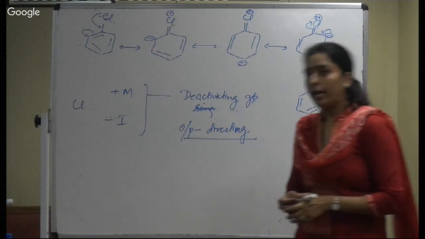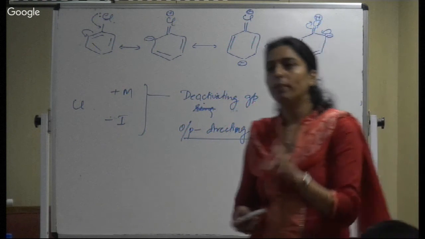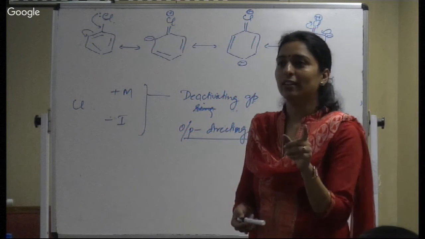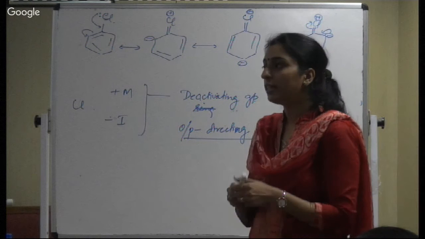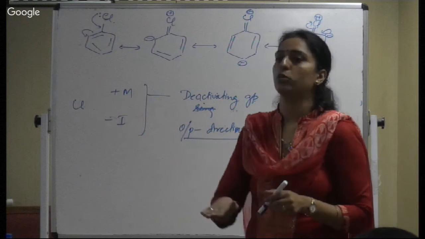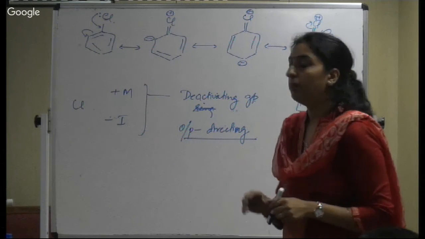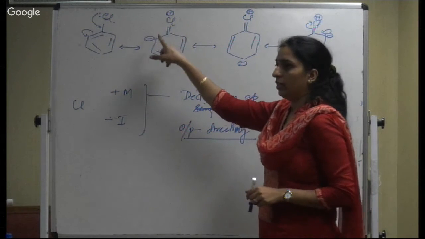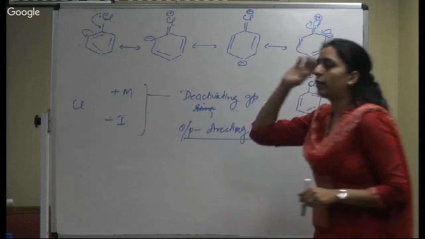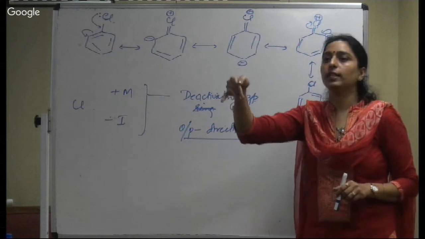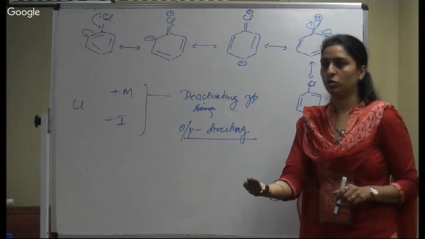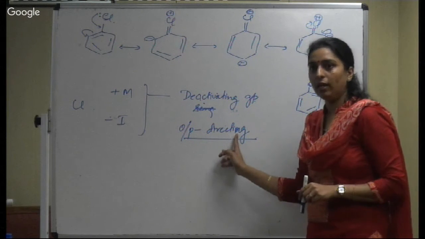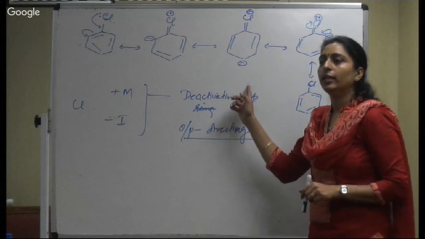Usually if a group is deactivating, it would be meta directing and direct the incoming electrophile to the meta position. But since the mesomeric effect is also operating, the electrophile will see the electron density at ortho and para positions. So that is why the orientation is ortho-para, but it is deactivating.